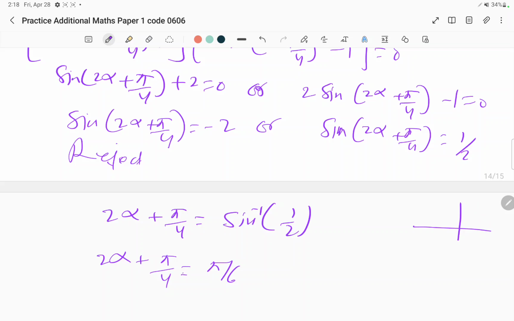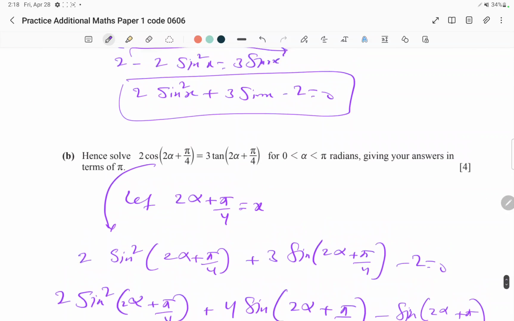When sine is positive, it is in the first quadrant and in the second quadrant. So first is pi over 6, then this is pi minus pi over 6, which is 5 pi over 6, right? And then we have to check the condition for this 2 alpha plus pi over 4.